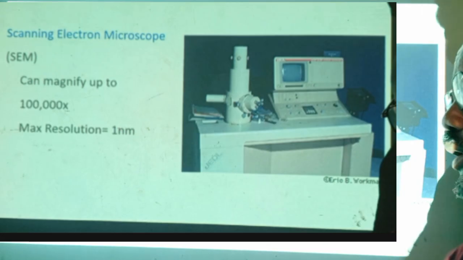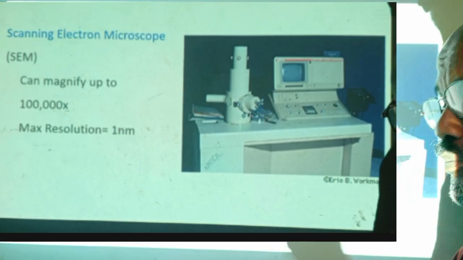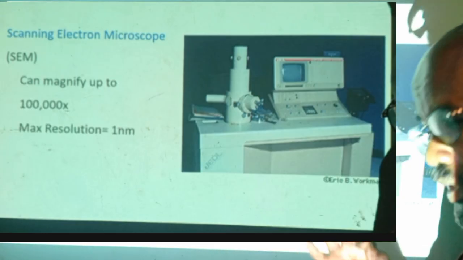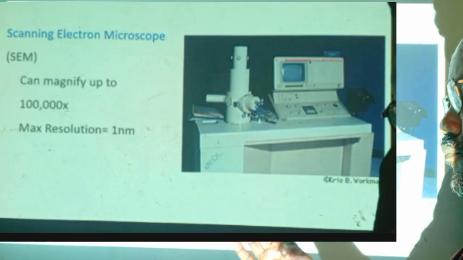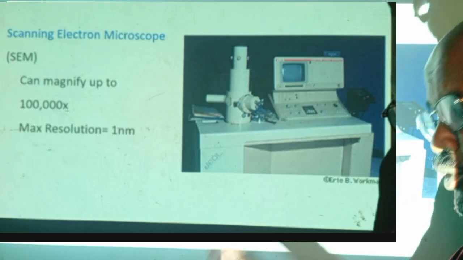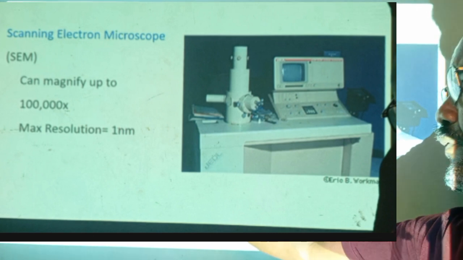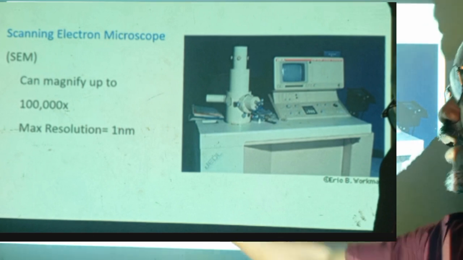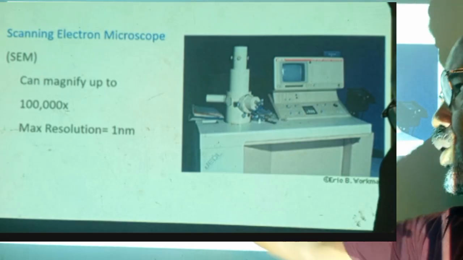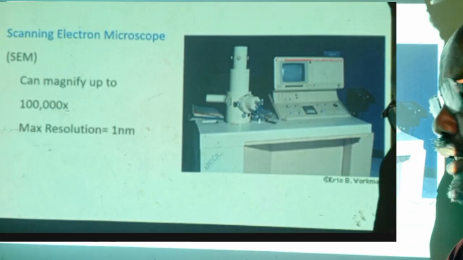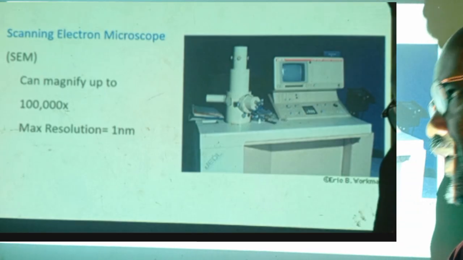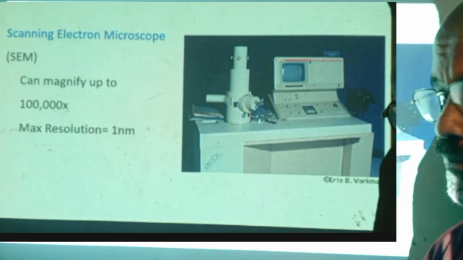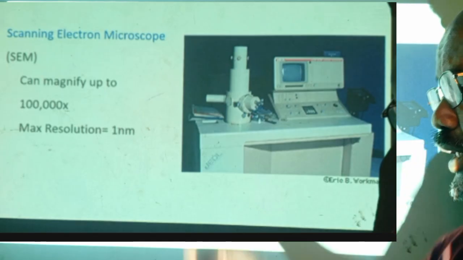That means this can show you two things as two separate things only if they are separated by at least this distance. Otherwise, if they are separated below this distance, they are seen as one, or one merging over the other. The magnification power as well as the resolution power is smaller in the scanning electron microscope.